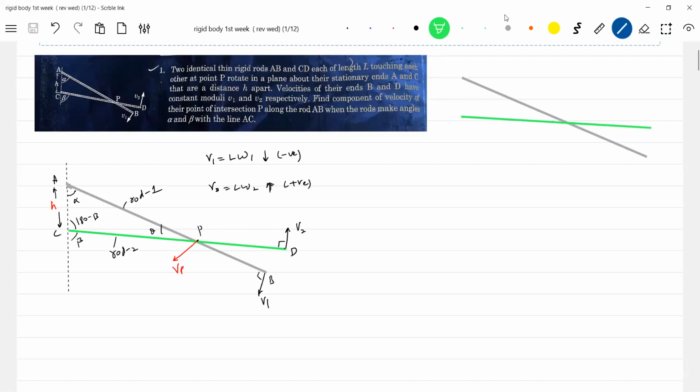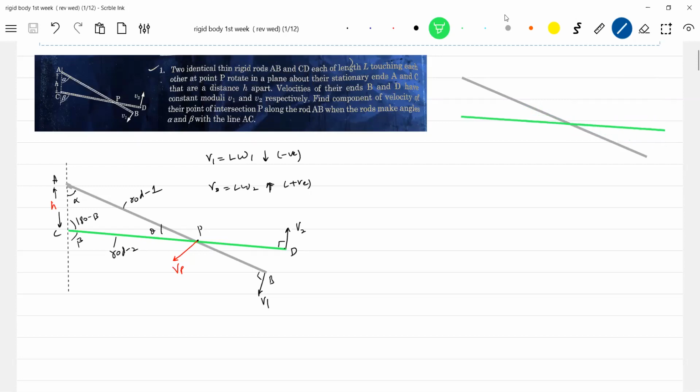Now it will be visible. Now this will move like this. As it moves, look at the point of intersection. It is having a displacement. Like that, you should imagine both the rods are moving. Then the point of intersection will move in a plane. Its component along the rod AB, that's what is being asked.